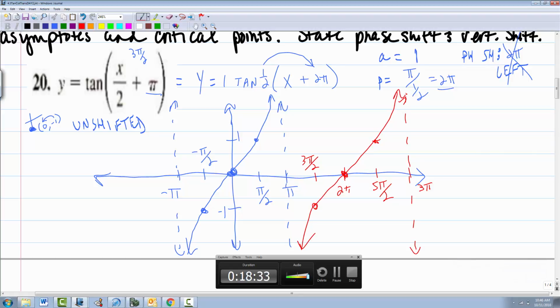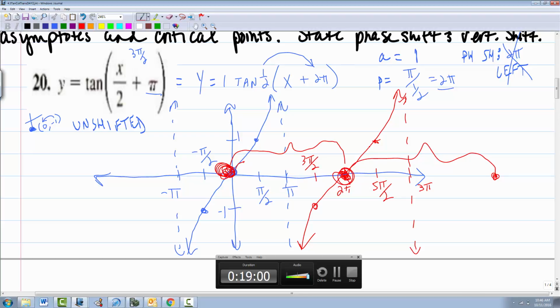Now, here's the point of the understanding when the period is equal to the phase shift, or vice versa. If I take this point and move it 2 pi to the left, doesn't it land right there? And then doesn't the one that was over here move 2 pi to the left, just go right here where that one is?